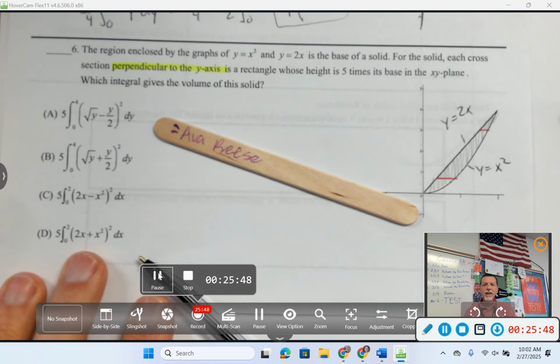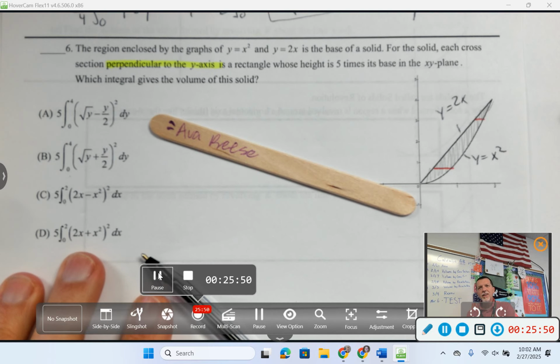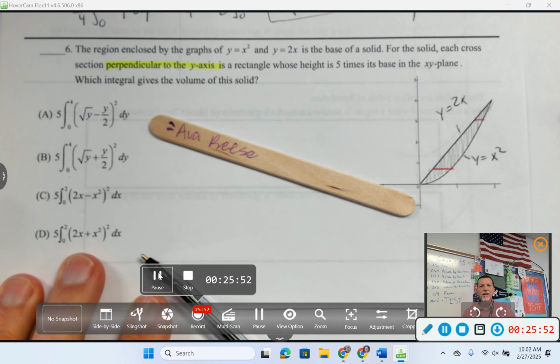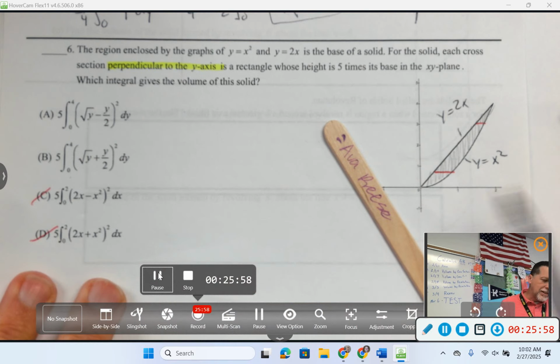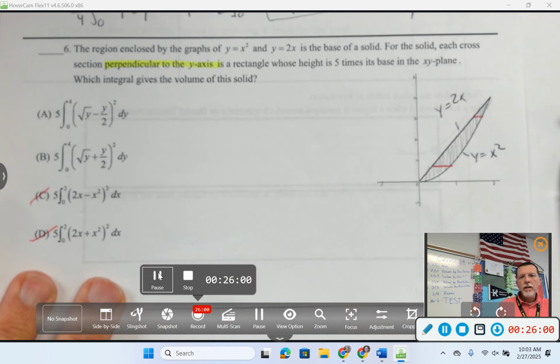Perpendicular to the y-axis. Is this going to be a dx or a dy problem? dy, because we're going perpendicular to the y-axis. So already I can throw out C and D. That's not going to be it. A rectangle whose height is 5 times its base.